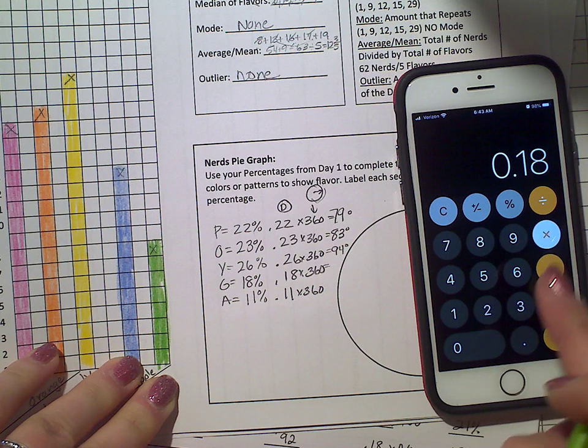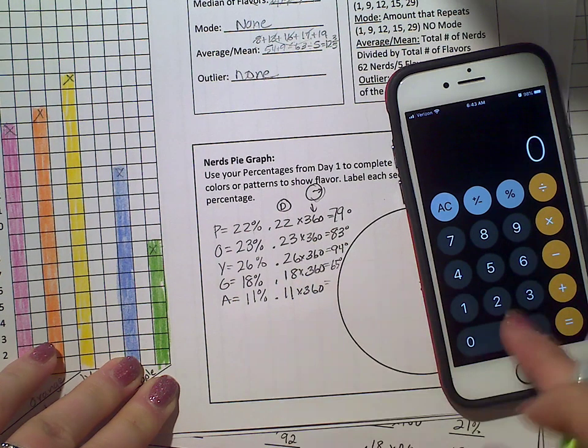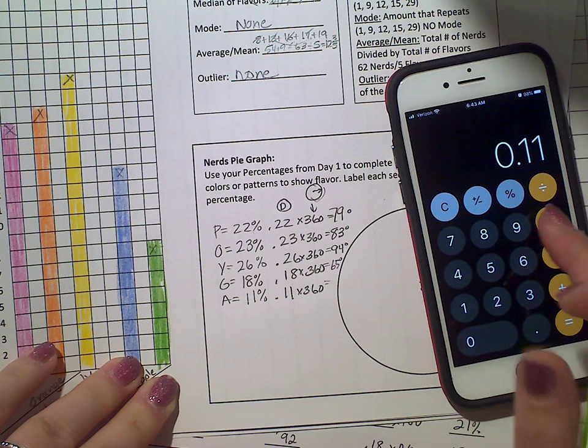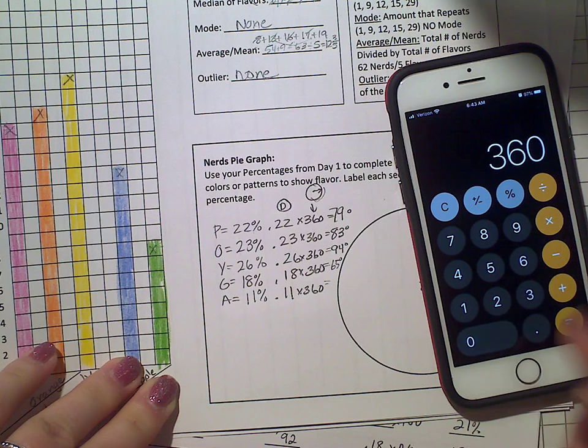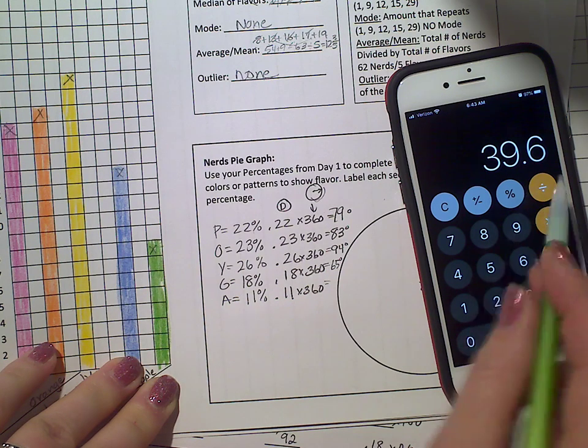Then 11 hundredths, 11% times 360 is 39.6, which is 40.